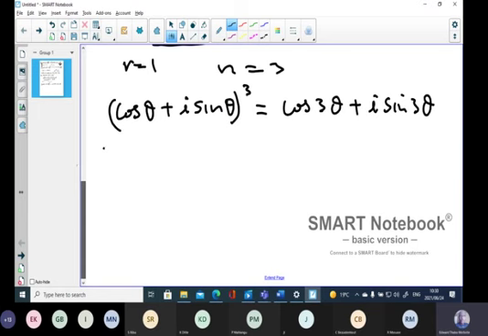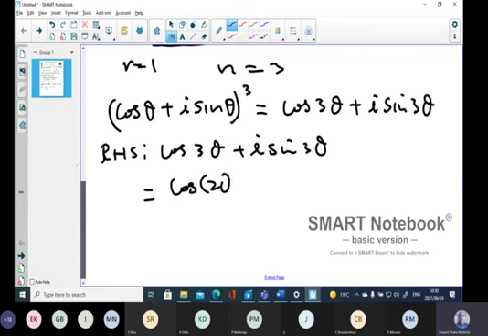You can take anyone. Let's take RHS first. So if you take RHS first, cos 3 theta plus I sine 3 theta. So this is equivalent to cos 2 theta plus I sine 2 theta plus theta.